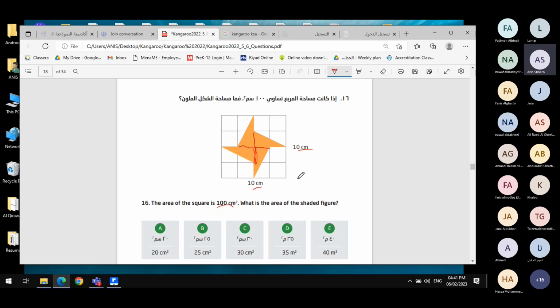Look, first of all, if you want to think about this question, it will be so confusing. Always, from this grade to grade 12, I'm going to give you a small advice. This type of questions, directly divide your figure. So if I divided it into parts and then I cut it like this, it will be easier for me.